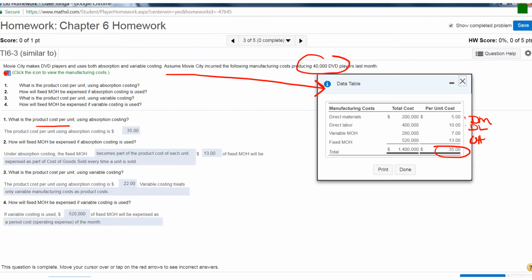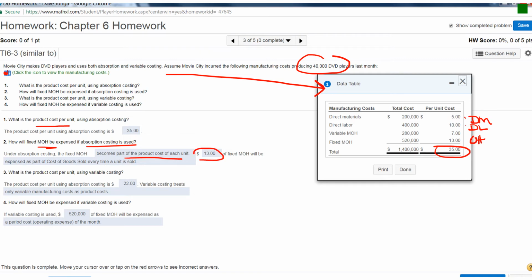And then the question says in part 2, how will the fixed manufacturing overhead be expensed if the absorption costing method is used? Remember that you only expense overhead, which is your product cost, when you actually sell your product. So you actually have to sell the product to expense it because it's considered inventory. So when you look at this, it says under absorption costing, the fixed overhead becomes part of the product cost of each unit.